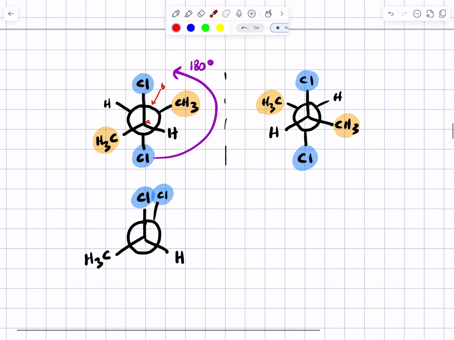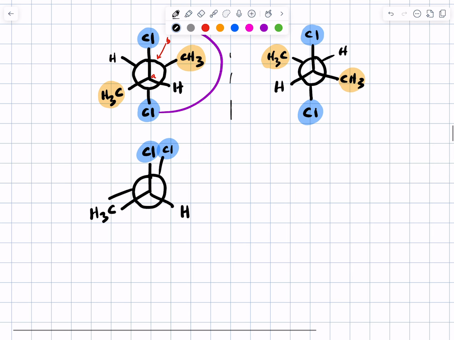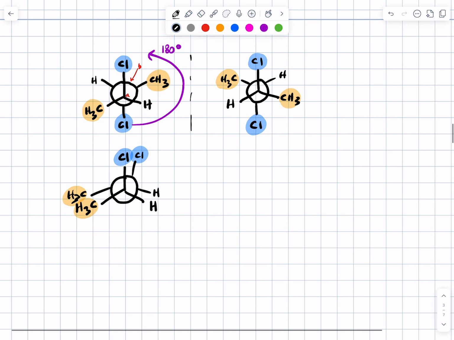The methyl group in the back is going to rotate around 180 degrees to be eclipsed with the methyl group in the front. And then the hydrogen in the back is going to rotate 180 degrees to be eclipsed with the hydrogen in the front. Okay? Follow that? Do you see how I did that? And you could do the same thing over here.